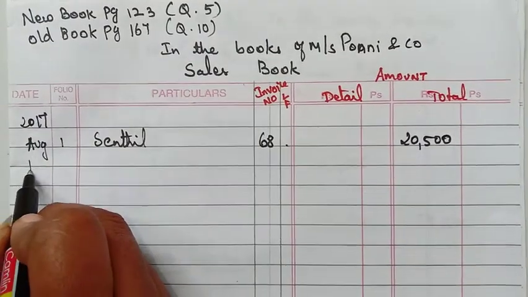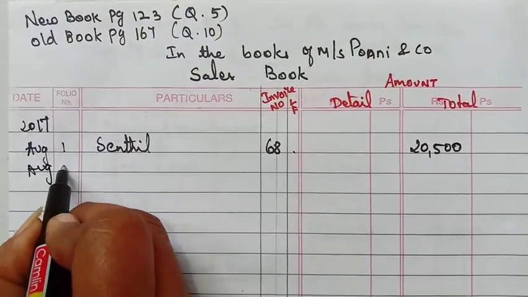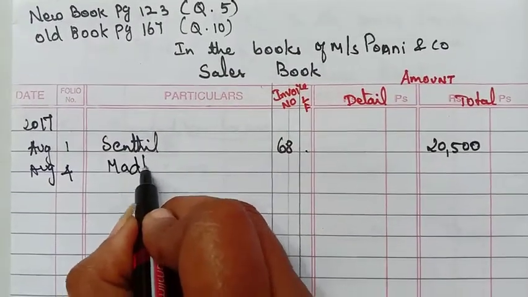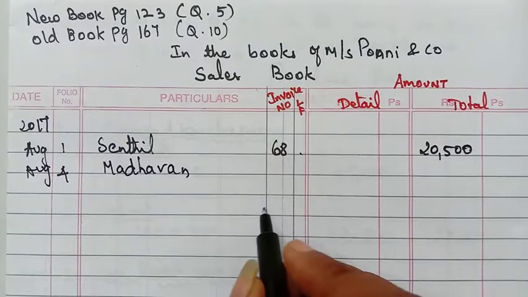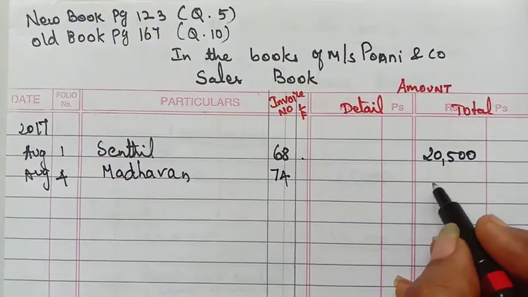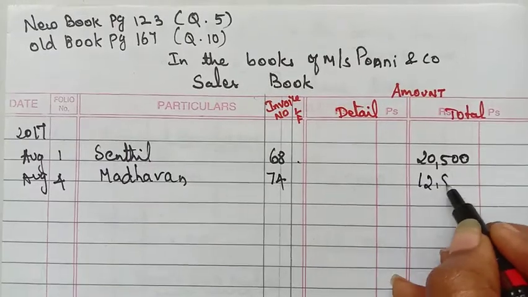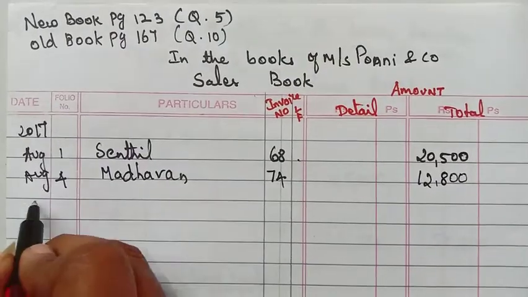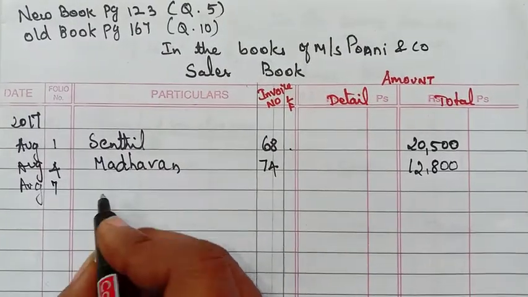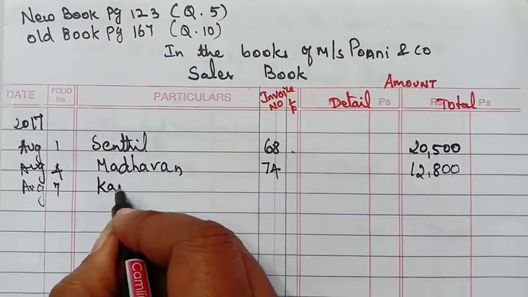Next, August 4, we can write Madhavan, and his invoice number is 74 and the amount is 12,800. Next, August 7 date, his name is Kanagasabai.